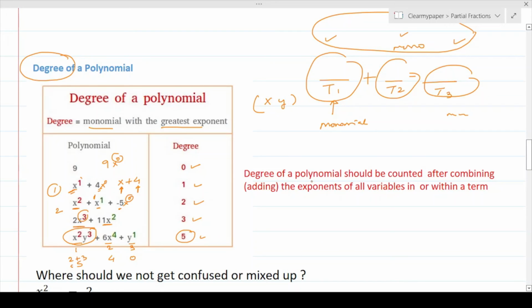The degree of a polynomial should be counted after combining, meaning after adding the exponents of all the variables within a term. What does that mean? This is the term, okay? This one thing, whatever is before or after the plus or the minus operator, is one term. So this x raised to 2 into y raised to 3, this whole thing is one term. So in this case, you need to add because we have two variables and hence we need to add the powers to get 5.